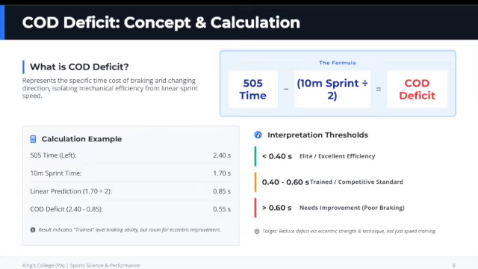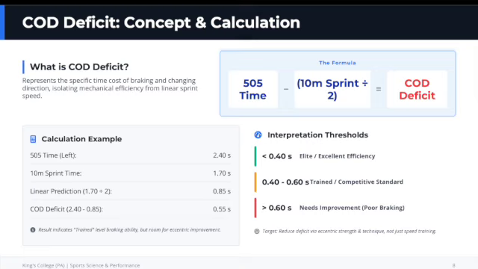The change of direction deficit represents the specific time cost of braking and changing direction, isolating mechanical efficiency from linear sprint speed. The formula is the 505 time minus the 10 meter sprint time divided by 2. In this calculation example, the 505 time is 2.40 seconds and the 10 meter sprint time is 1.70.